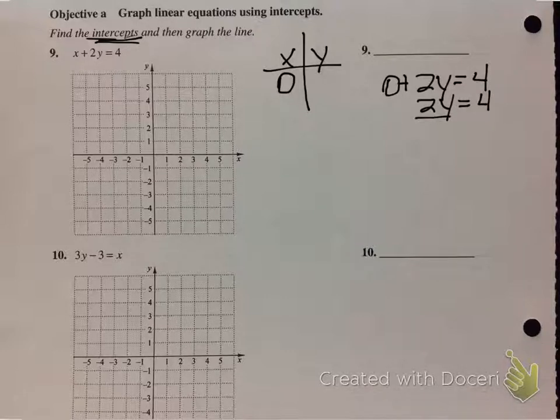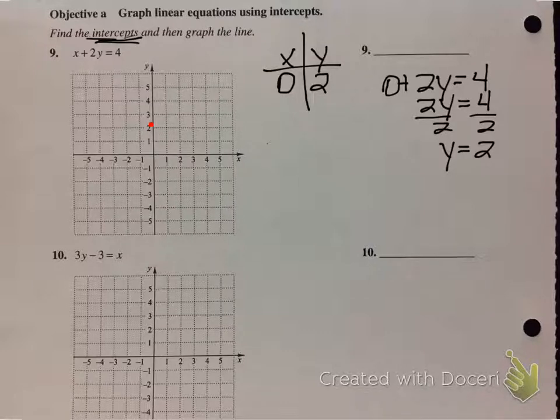Divide both sides by 2, and y equals 2. So when I plug in 0, I get 2. When I graph that, 0, 2 is on the y-axis, so that is a y-intercept.